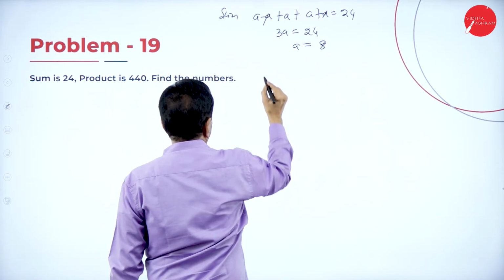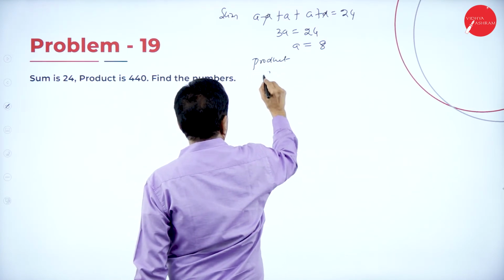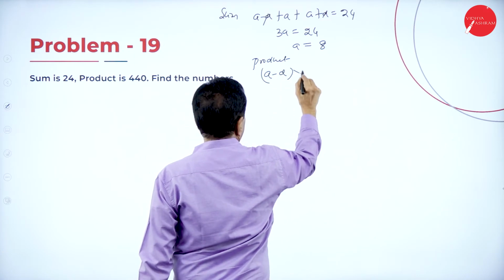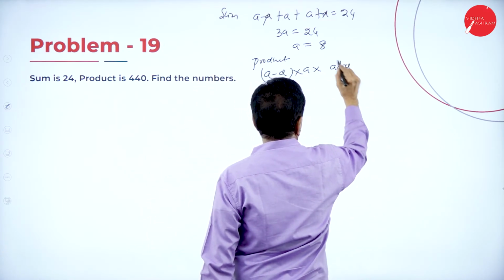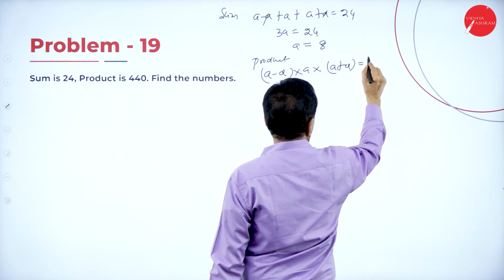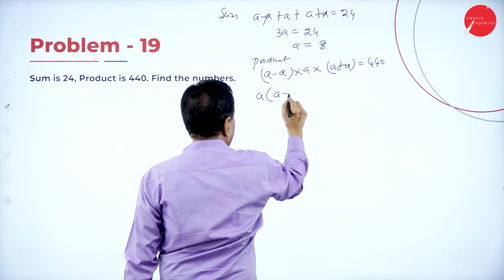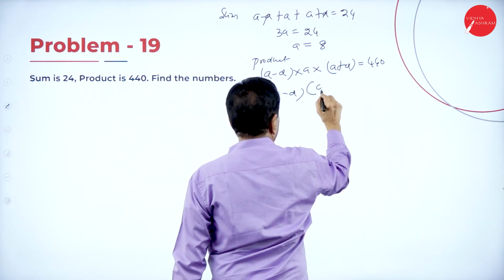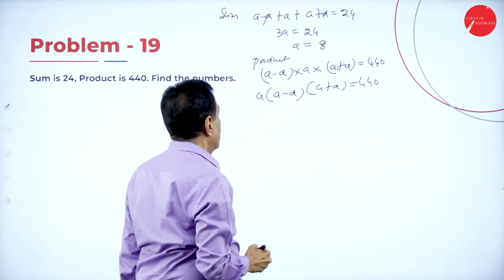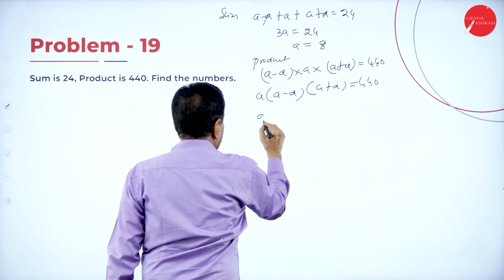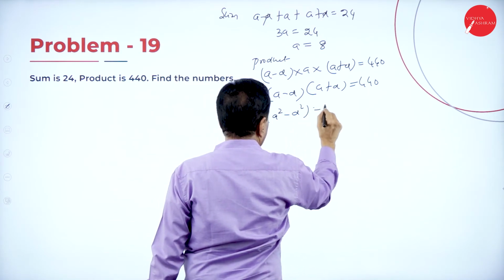Then product: A minus D into A into A plus D is equal to 440. This is A into A square minus D square.